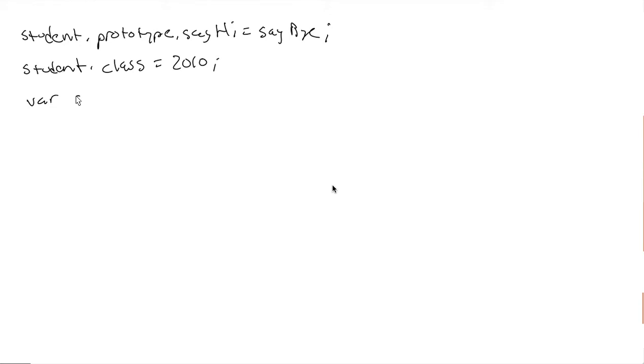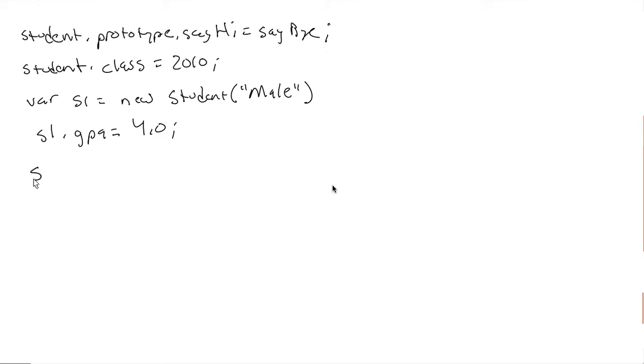Then s1 equals new Student, male. s1.GPA equals 4.0. s1.sayHi equals function console.log howdy.